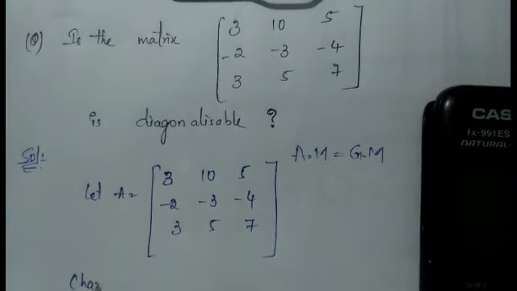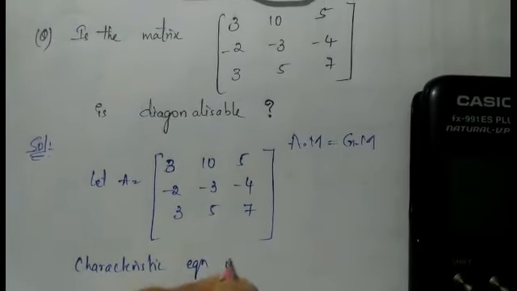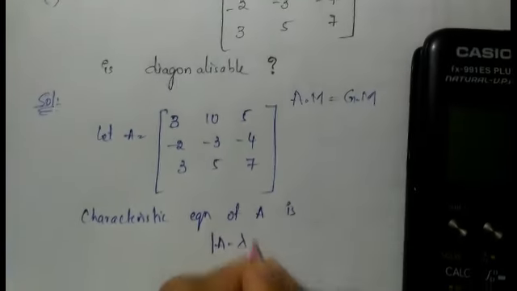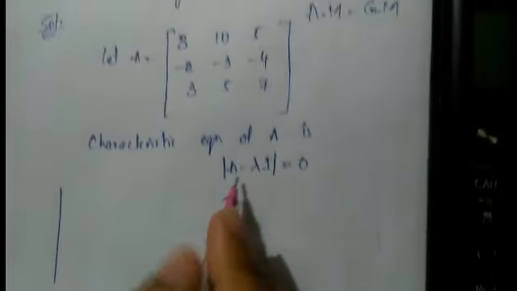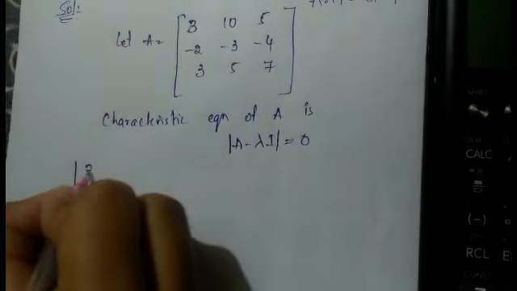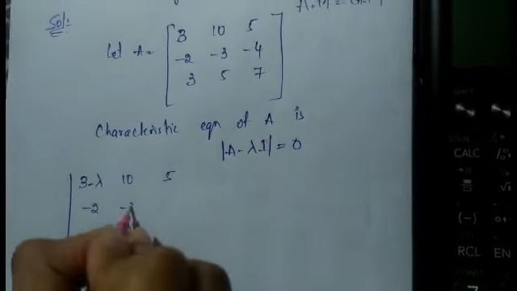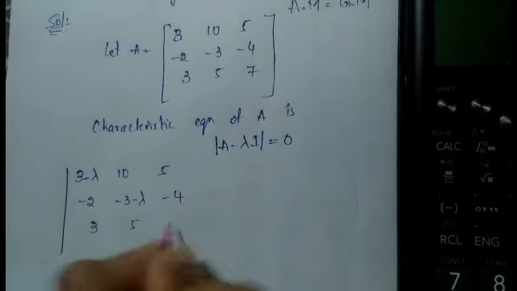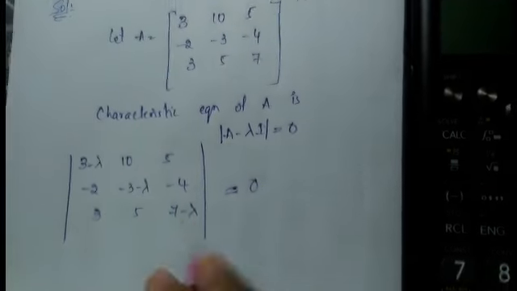The characteristic equation of A is the determinant of A minus lambda I equals 0. Just subtract lambda from the diagonal elements, and we get 3 minus lambda, 10, 5; minus 2, minus 3 minus lambda, minus 4; 3, 5, 7 minus lambda, and that equals 0.